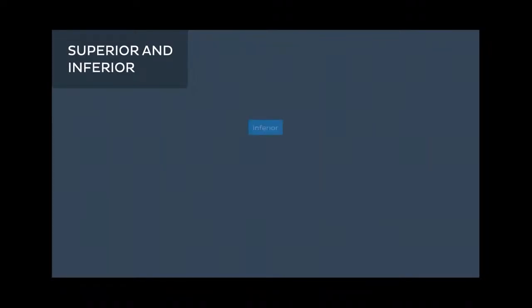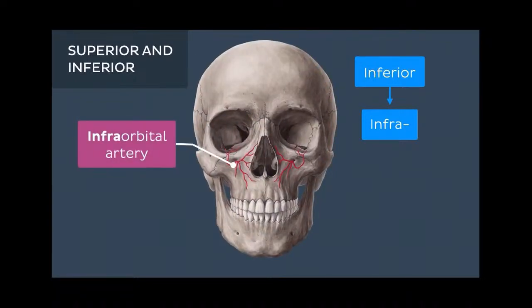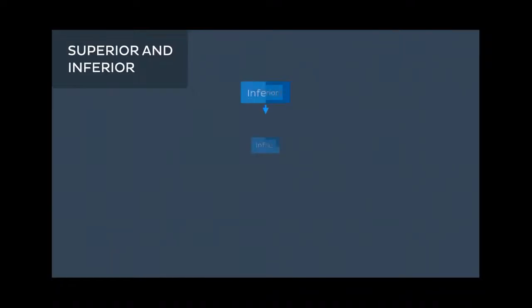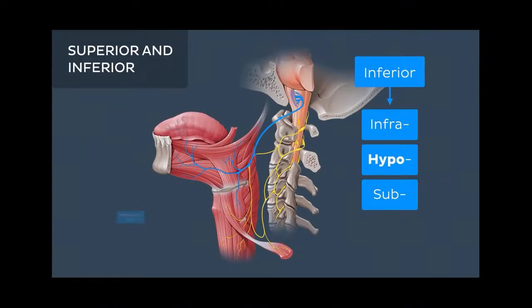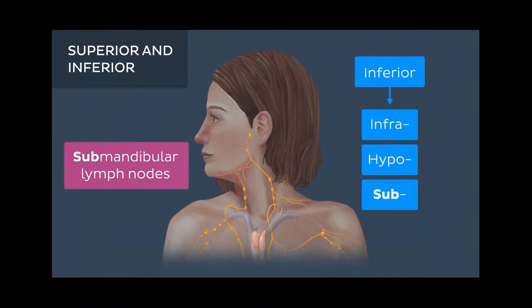And you may also see inferior as prefixes such as infra. For example, the infraorbital artery is located inferior to the orbit. Two other prefixes similar to infra are hypo or sub, both of which mean under. The hypoglossal nerve is inferior to or under the tongue, and the submandibular lymph nodes are located beneath the mandible.